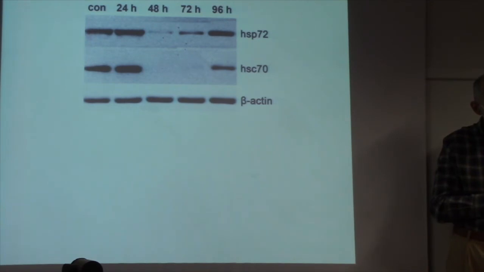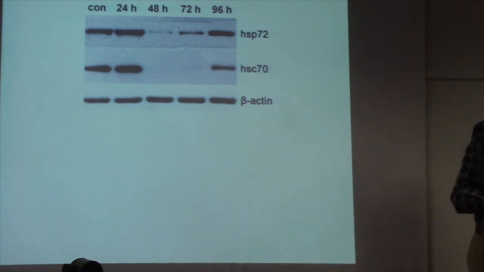That we have the biggest band at 24 hours, and the smallest at 48, and I would say 72 is the second smaller, and 96 the second bigger. I can put it on a scale. The smallest is 48, then 72, and then 96 and 24 are kind of similar.